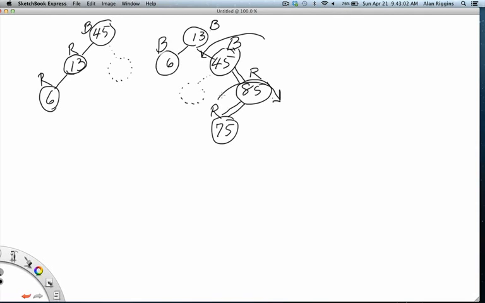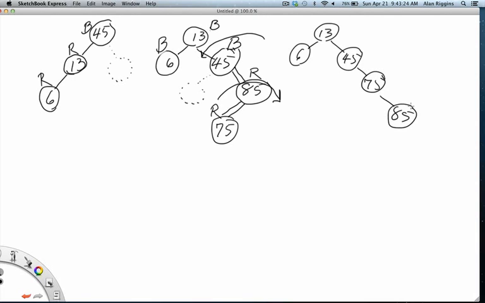So we do this, and we have 13, 6, 45, 75, 85. That's the first of the 2 rotations that are required.